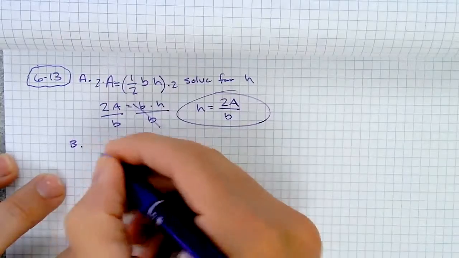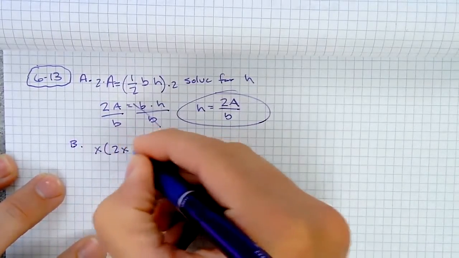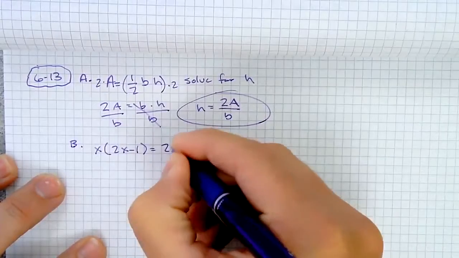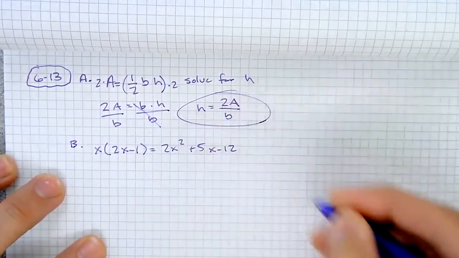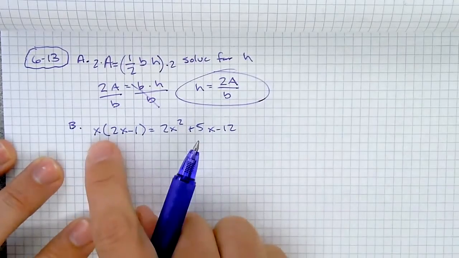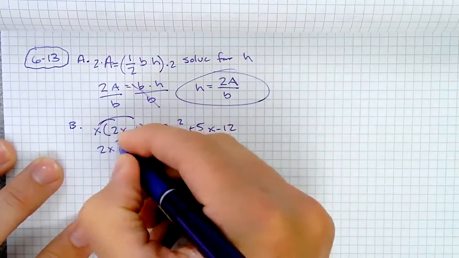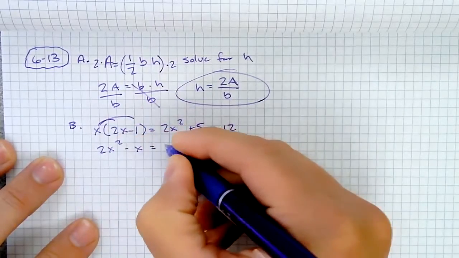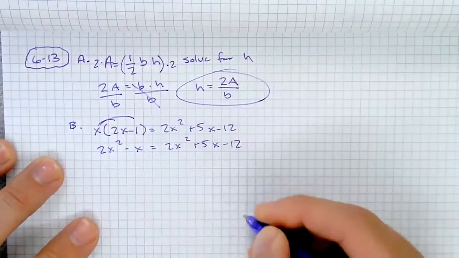Letter B just says to solve for X, and they give you a whole long thing here. All right, so let's distribute this. So now I have 2x squared minus x equals 2x squared plus 5x minus 12.